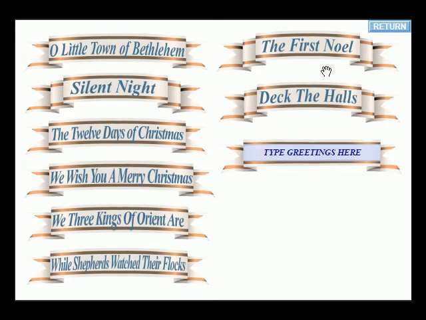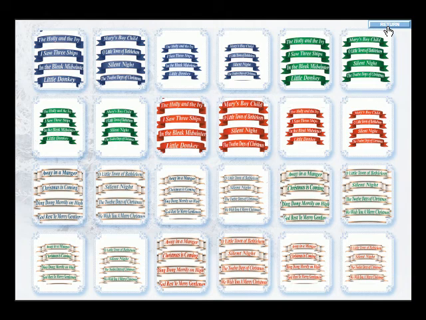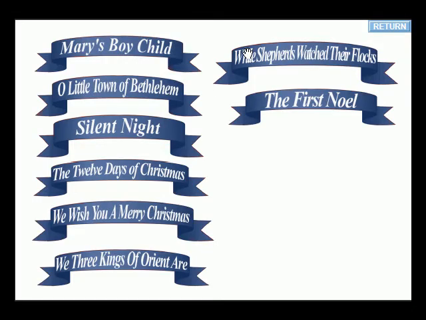But of course you could use embellishments or whatever it is that you would like as well. And the others come in blue, red and green, our traditional Christmas colours here. And all of the sayings, if I click onto them here, we've got First Noel, Silent Night, etc.